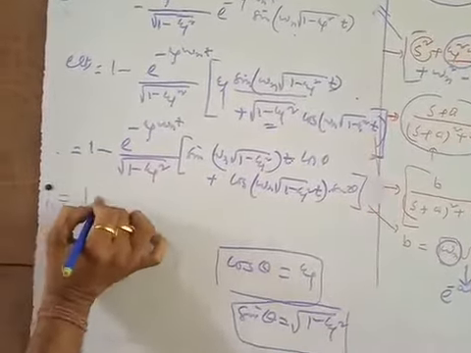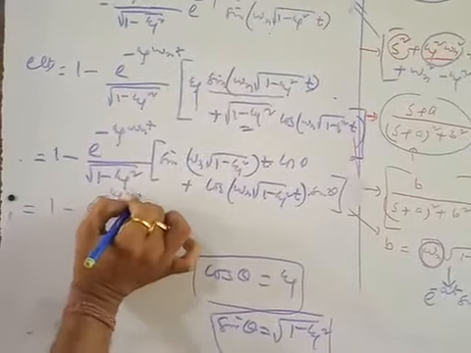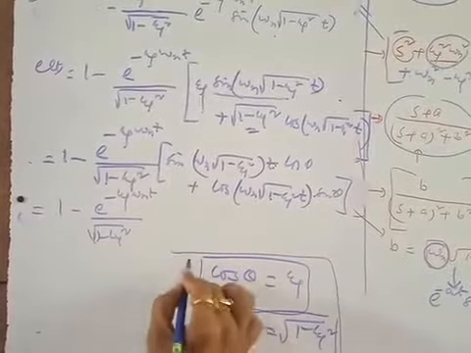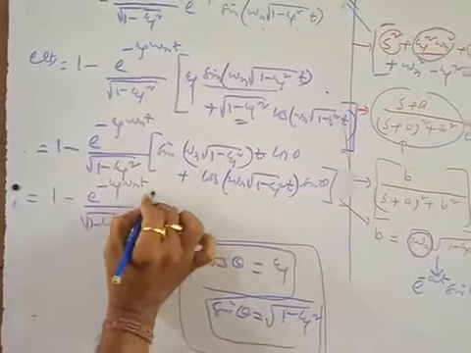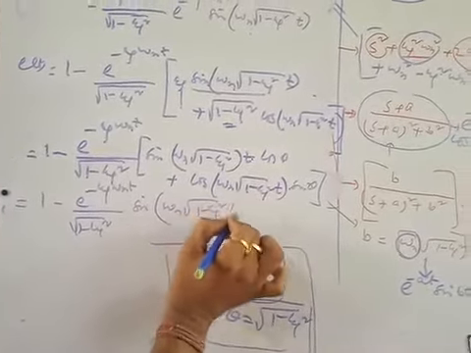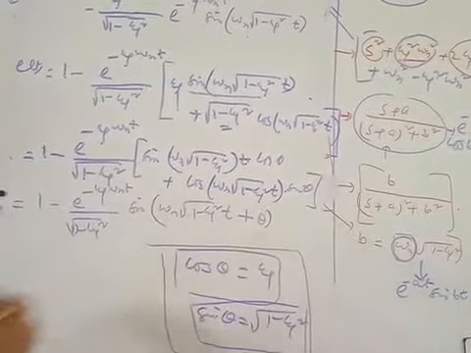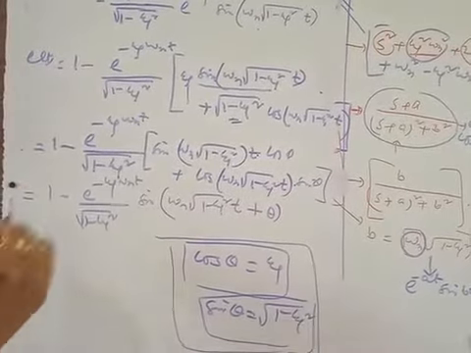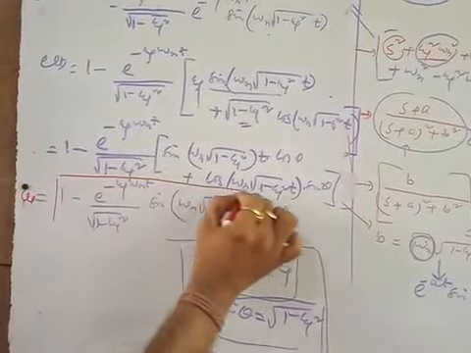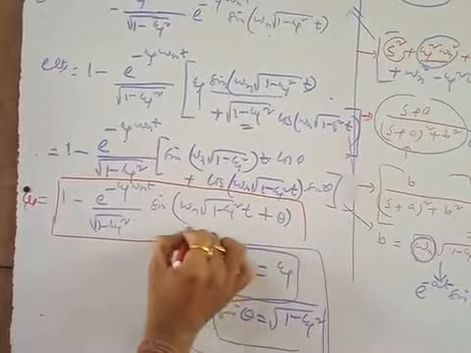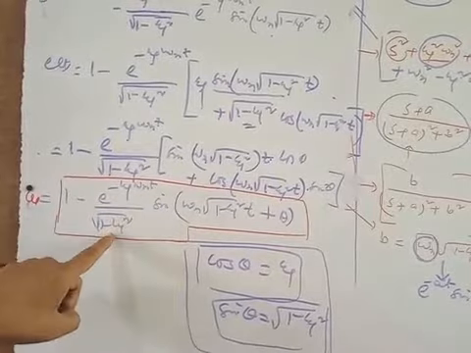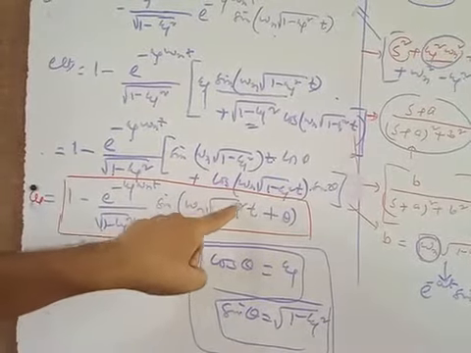This will be e to the power minus xi omega n t by root over 1 minus xi square, sin of (A plus B), that is omega n root over 1 minus xi square t plus theta, right? So you get c(t) equal to 1 minus e to the power minus xi omega n t by root over 1 minus xi square sin of (omega n root over 1 minus xi square t plus theta).